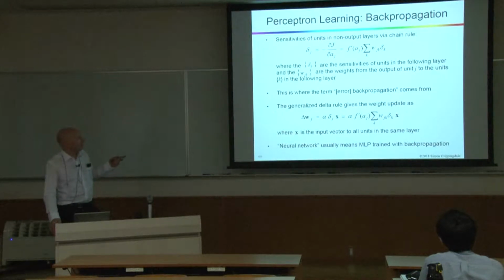Okay, the generalized delta rule gives the weight update for this unit j in some interior layer as, again, something times delta times the input x to that layer: constant alpha, derivative of the nonlinearity at the activation of that unit, times this weighted sum of the sensitivities of the units in the subsequent layer, times the input vector.